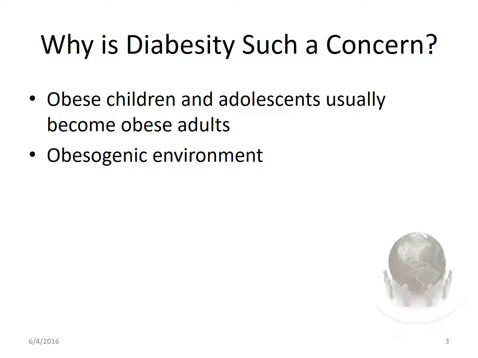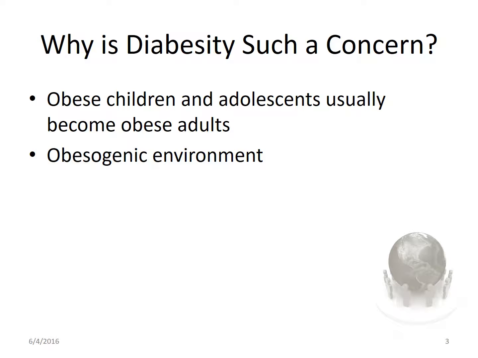Why is diabesity such a concern? Childhood obesity has the tendency to lead to negative health consequences in adulthood, including obesity, heart disease, insulin resistance, atherosclerosis, and many others. Almost every body system can be involved. Lifestyle changes over the last 20 to 30 years have created an obesogenic environment where obesity has become more than the norm.